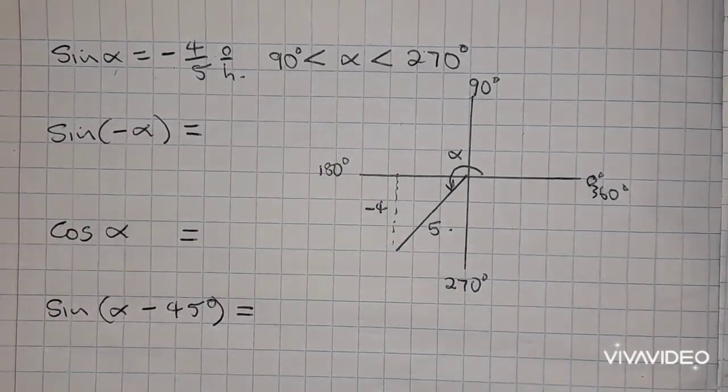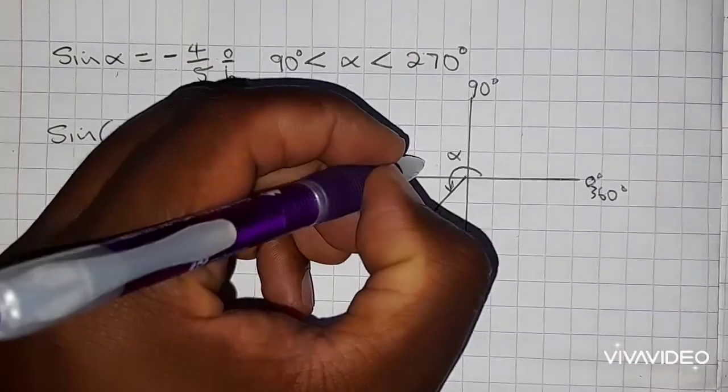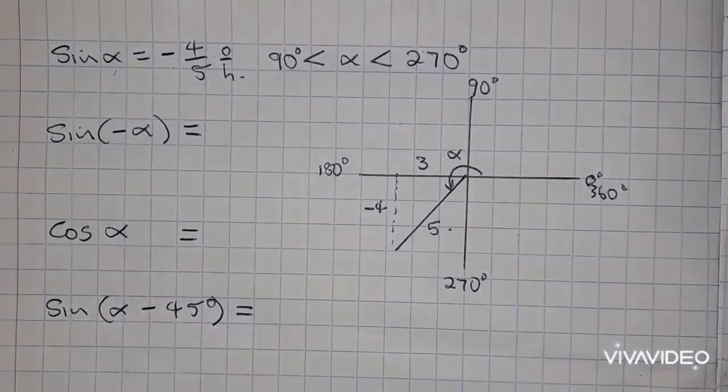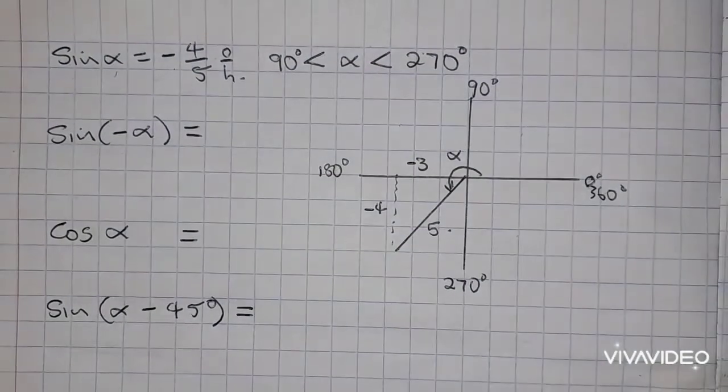When you have these two sides, you should determine the third side. And this is the first set of the Pythagorean triads. So this is a 3 according to Pythagoras theorem, and it's on the negative side, so it's -3.